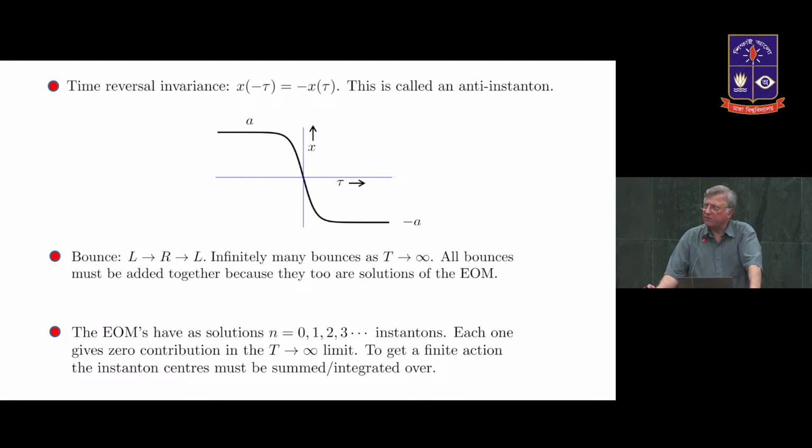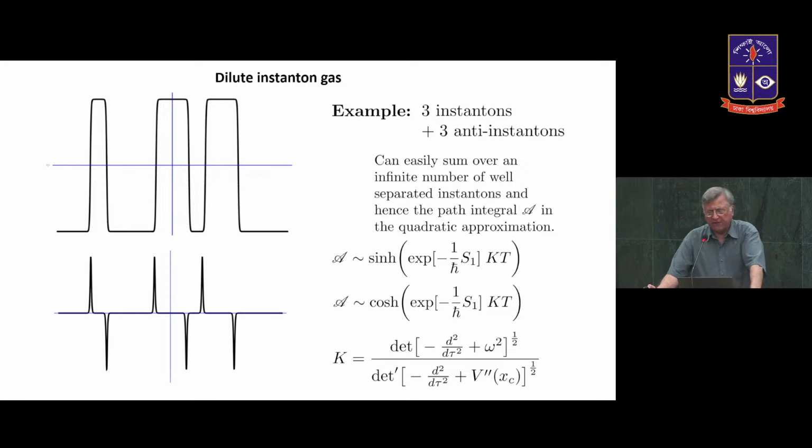Okay, so here's an example of just three instantons and three anti-instantons, and you can see that they go up, down, up, down, up, down many, many times. Each one of them carries a certain classical action with it.